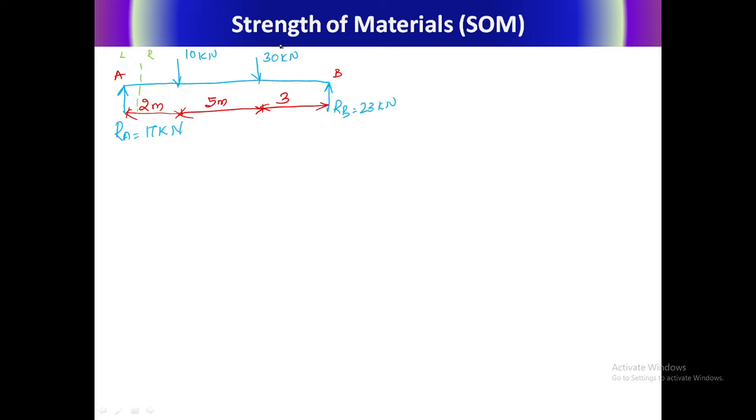So what about the load on the right hand side? It has a summation of two loads. One is a vertical load acting in the upward direction, and the other vertical loads are acting in the downward direction.